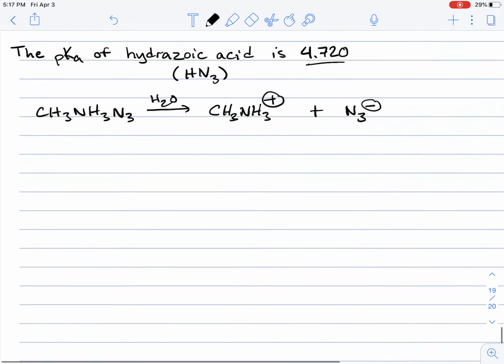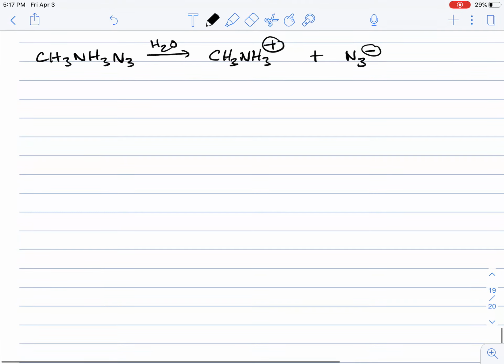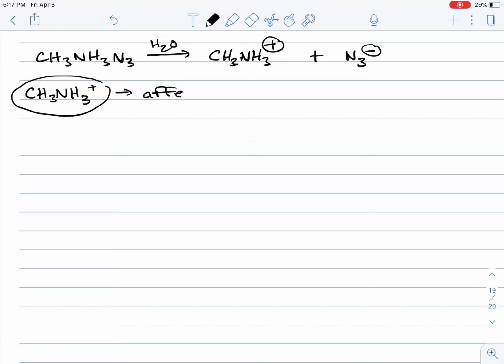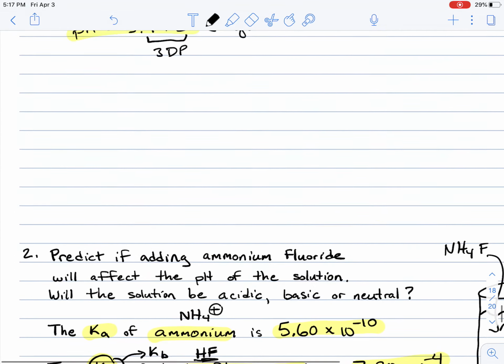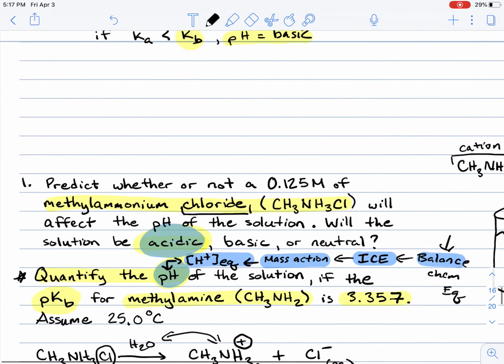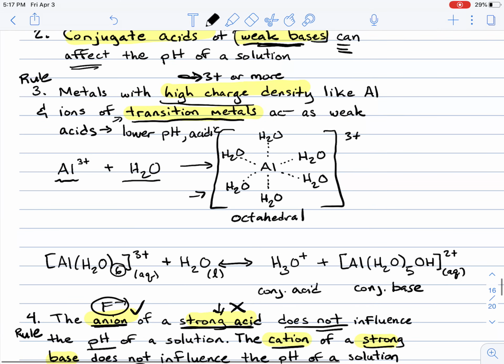And so we're going to go ahead and determine whether or not methyl ammonium is going to affect the pH of the solution. Then we're going to go ahead and use our rules. And so we kind of did it earlier.